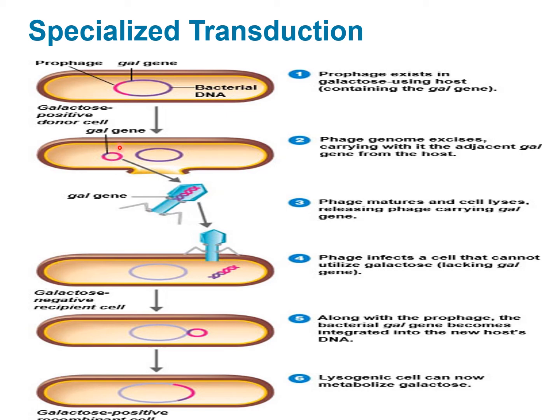So now you have the phage DNA with a piece of genetic information from the bacteria host. So let's say that the part that was removed from the bacteria host DNA was the GAL gene. So now this phage DNA is carrying the genetic information needed to break down galactose.